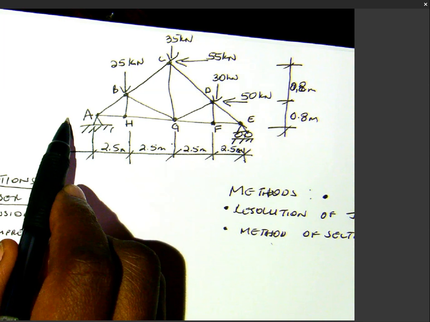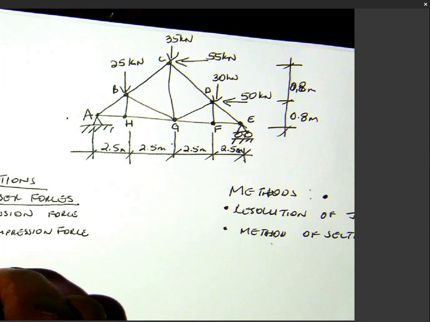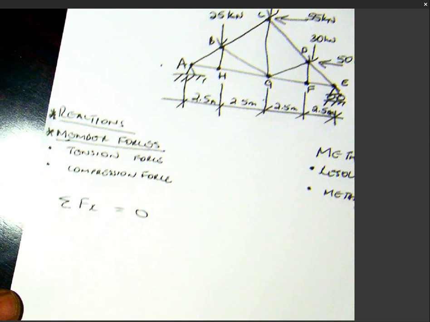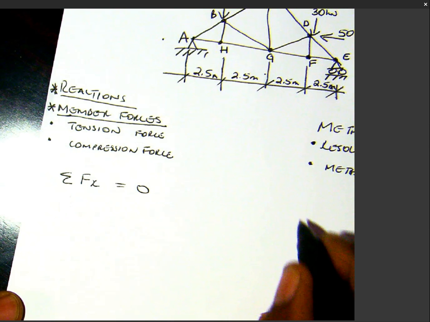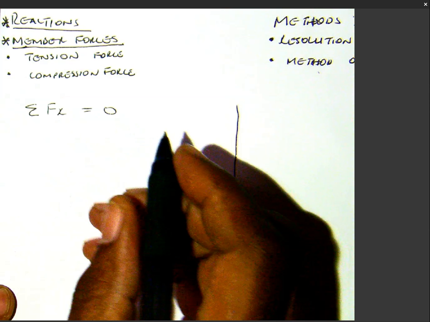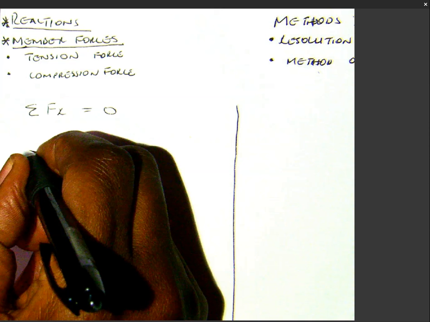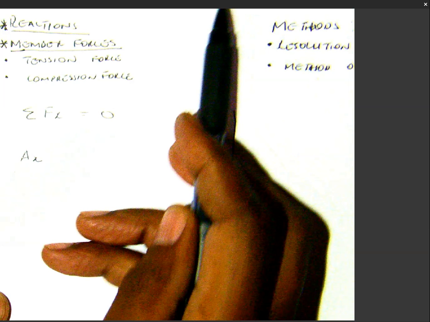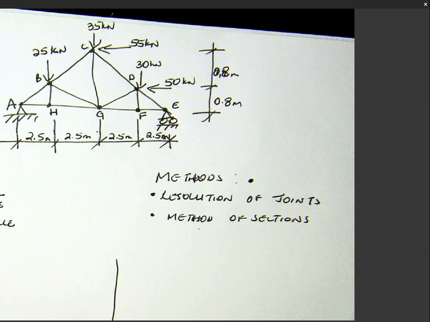So if I apply sum of forces in the x direction must be equal to 0, then what am I saying? I must just divide my page into two. I'm saying AX. Again, I can see, guys, that AX is going to the right, but I'm going to assume that AX is going to the left.